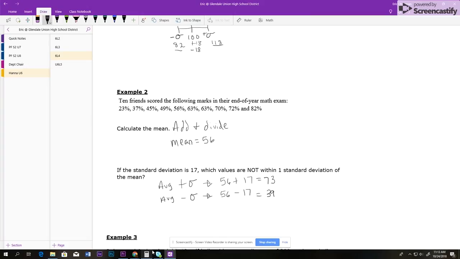So we need numbers not within 73 and 39, because that is 1 standard deviation. So 82 is the only one above, and anything lower than 39, so that's 37 and 23. So 23, 37, and 82 are not within 1 standard deviation from the mean.